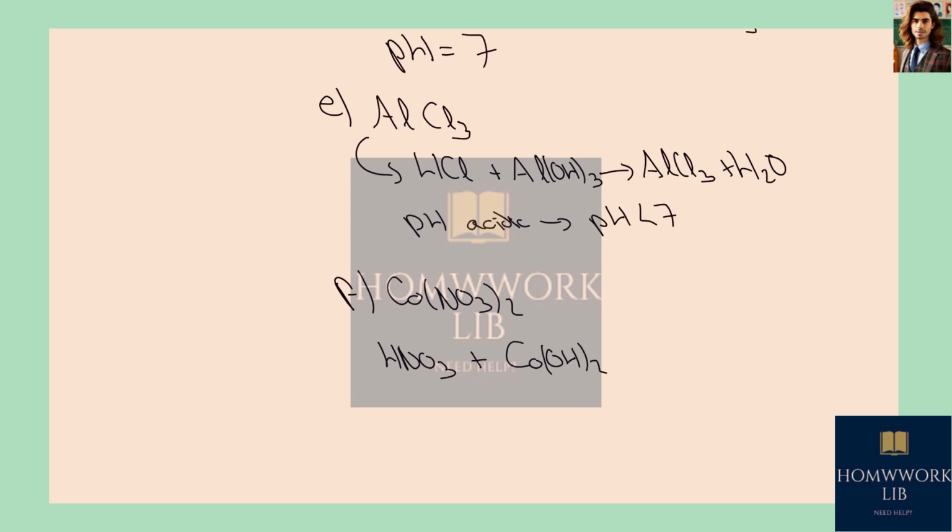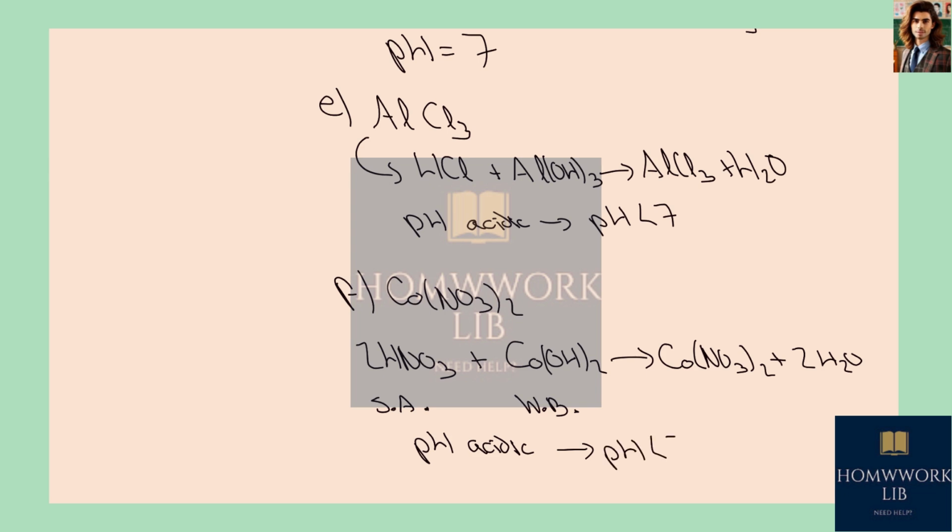In this case, we would require two of HNO3 in order to produce cobalt nitrate plus two equivalents of water, right? So this salt comes from the neutralization of a strong acid with a weak base. That means that, same as before, the pH is going to be acidic. Thus, the pH will be lower than 7. And that would be all.